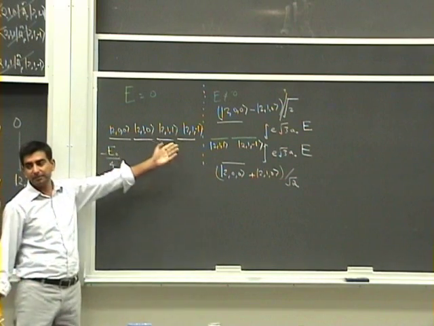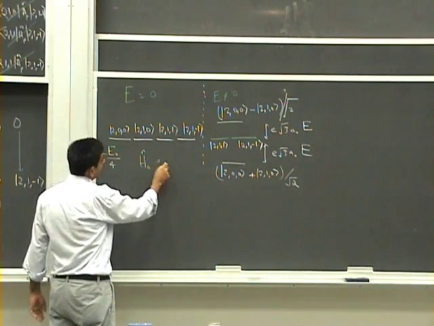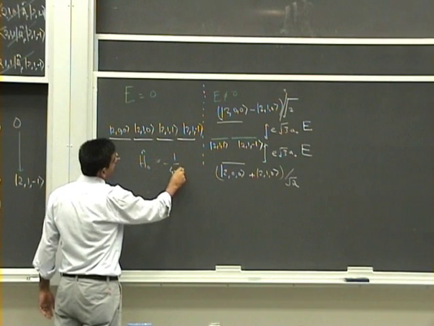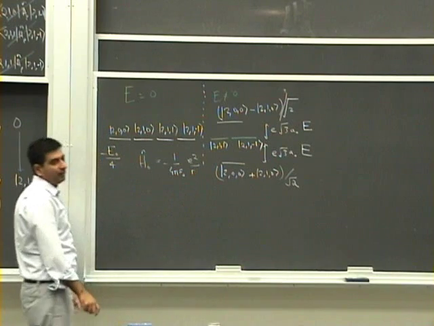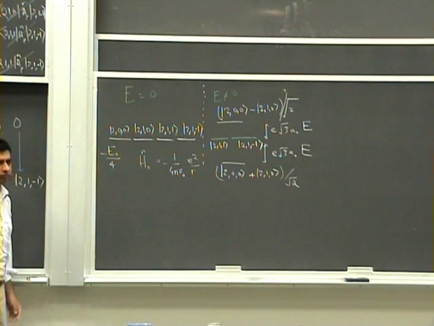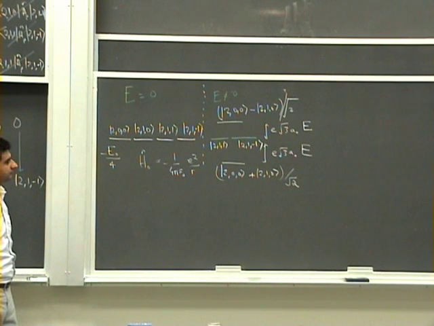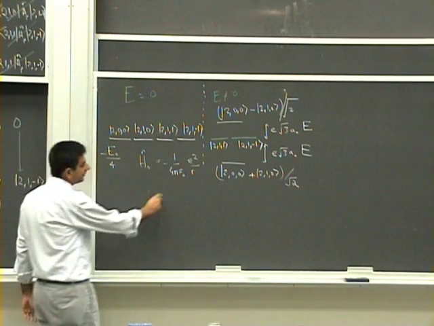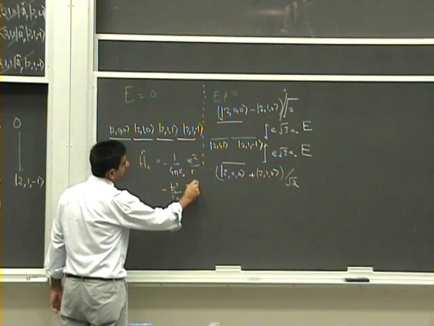The unperturbed Hamiltonian H naught, we all know, is minus 1 over 4 pi epsilon naught e square over r, this is the potential energy, plus, of course, minus h bar square over 2m times the Laplacian.